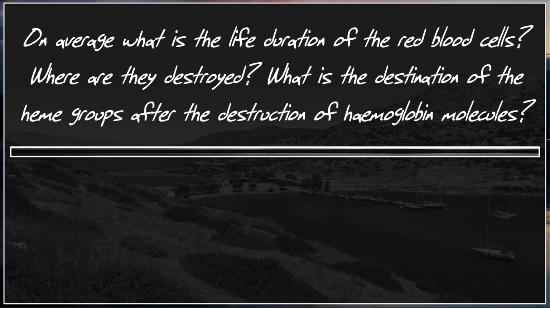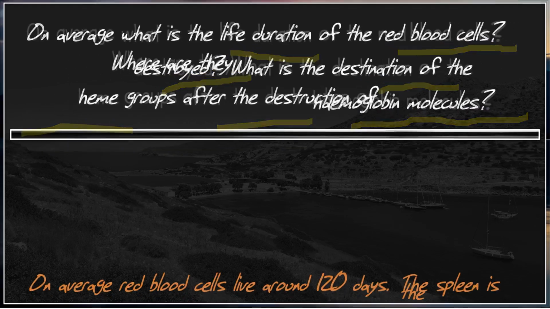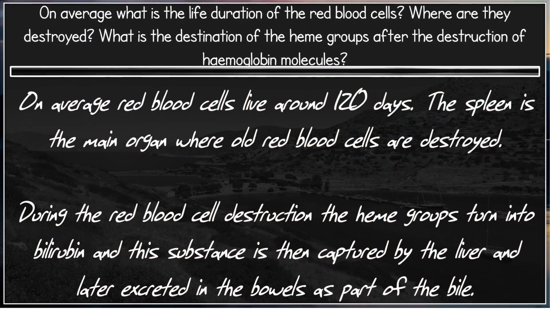On average, what is the life duration of red blood cells? Where are they destroyed? What is the destination of the hemoglobin after the destruction of the red blood cell? On average, red blood cells live around 120 days.